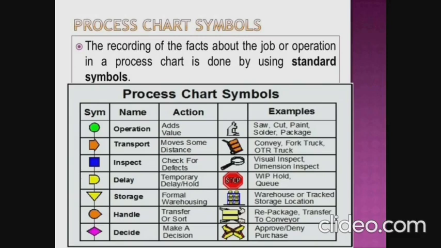Fourth one is delay, denoted by a capital D. Then storage, denoted by an inverted triangle. Then the next one is handle, and the last one is decide. These are the process chart symbols used for the graphical representation of any operation in the workshop. We see detailed information of these symbols in the next slide.